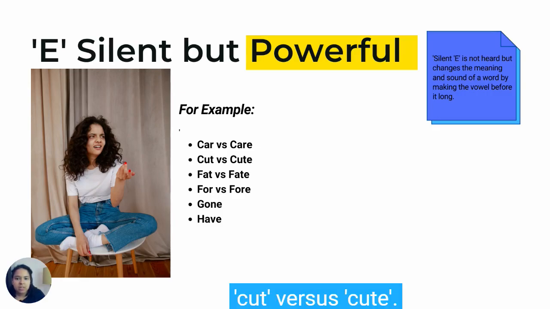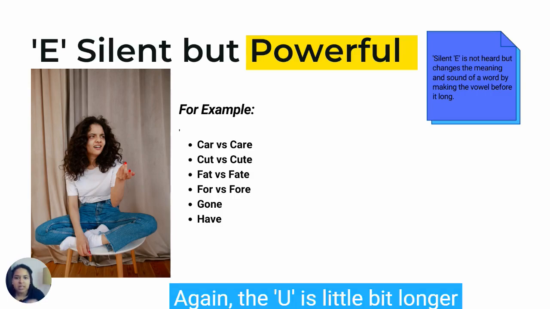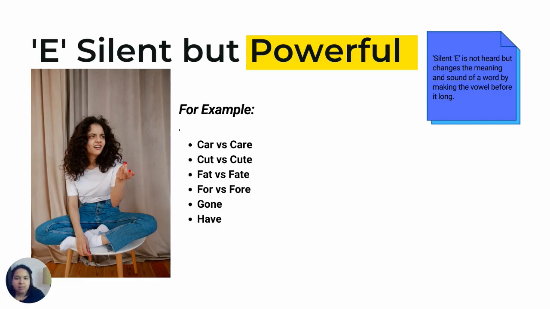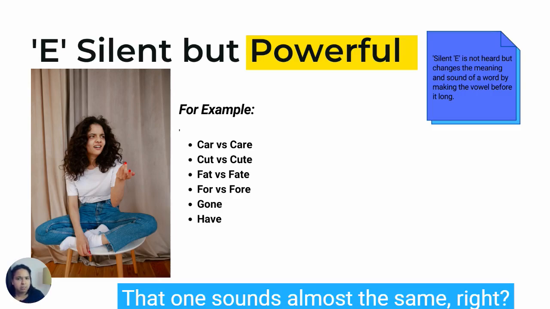Cut versus cute. Again, the U is a little bit longer because of the silent E. Fat versus fate. The A is longer. For versus fore. That one sounds almost the same, right?